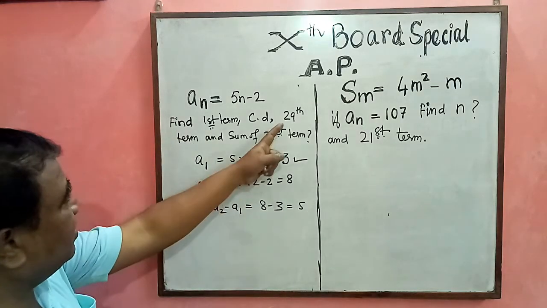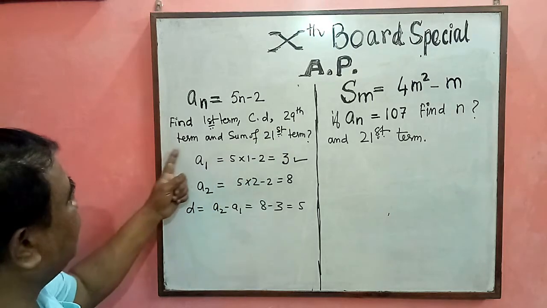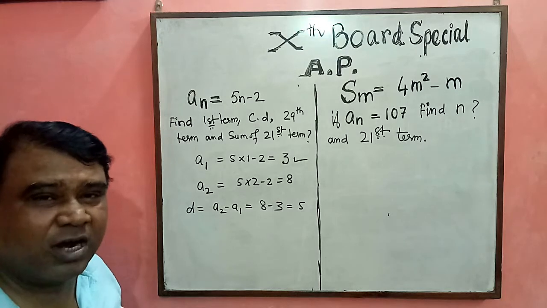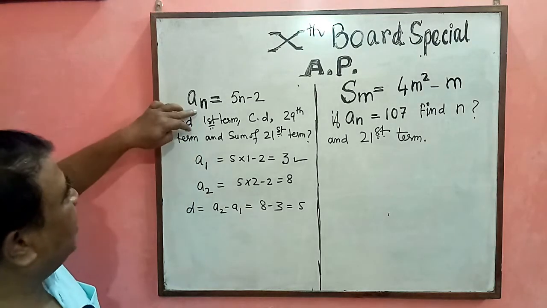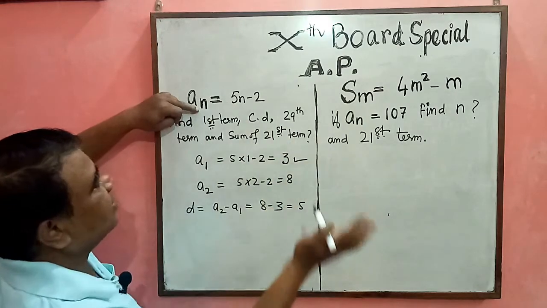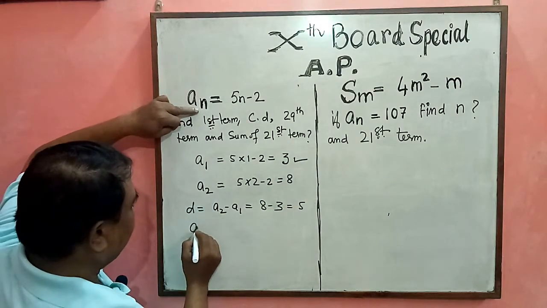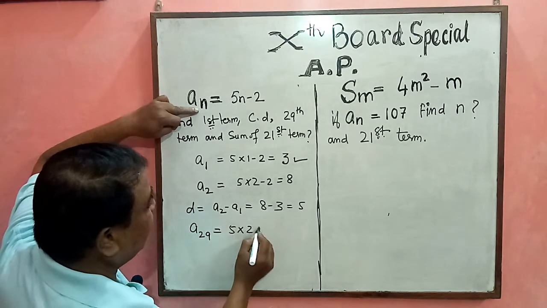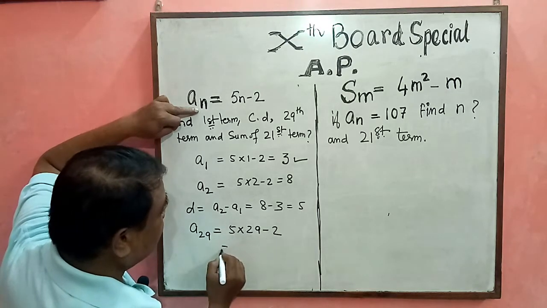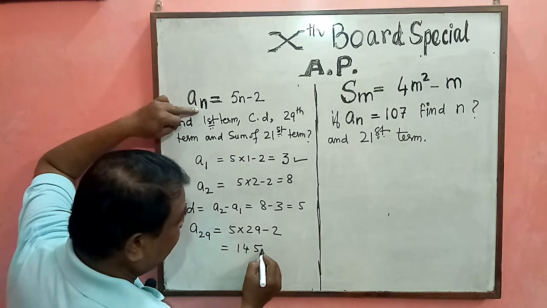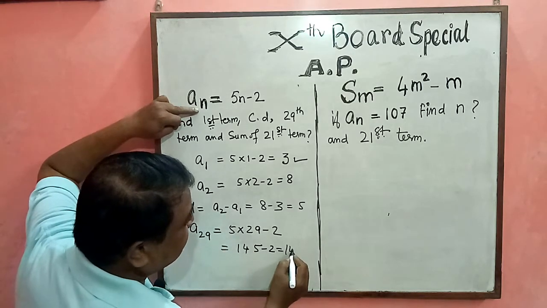Now I take the 29th term. To find the 29th term is not very difficult, because I can easily put 29 instead of n and get the 29th term. a29 is equal to 5 into 29 minus 2. 5 nines are 45, so 145 minus 2, 143.